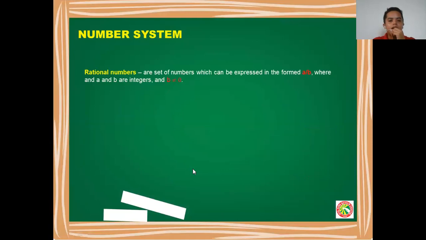Next is rational numbers. Rational numbers are a set of numbers which can be expressed in the form of A over B, where A and B are integers and B should not be equal to 0. Why? If B is 0, it makes the number undefined.